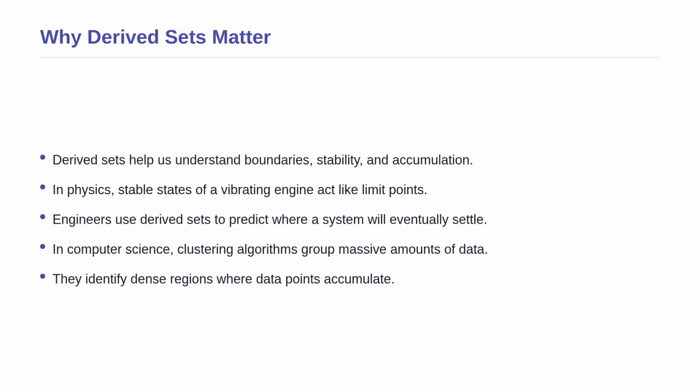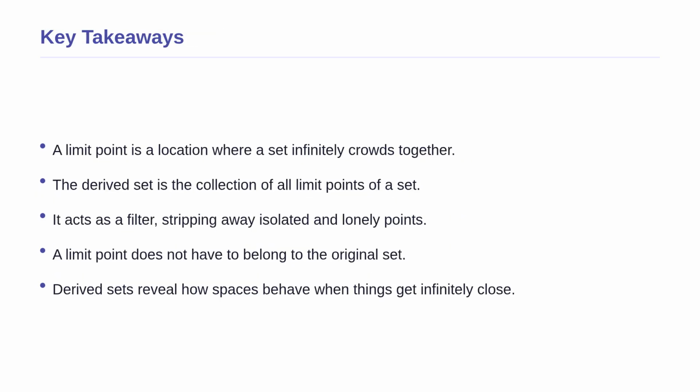By finding the derived set of all possible states, engineers can predict where the system will eventually end up. Similarly, in computer science, clustering algorithms use these concepts to group massive amounts of data, identifying the dense regions where data points naturally accumulate.